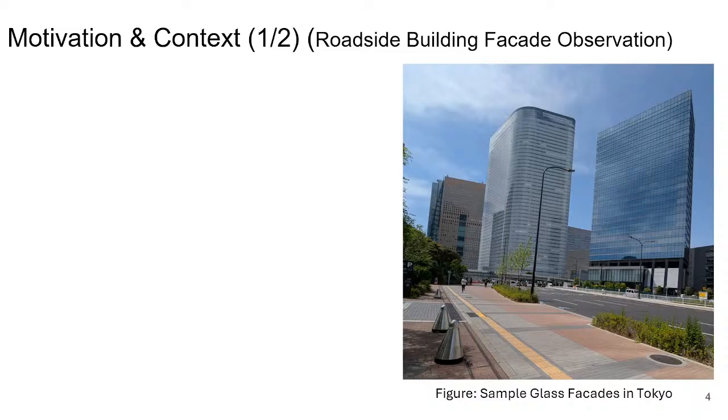There may be many other arguments for or against such facades. To consider all those aspects, we first need information on what kind of building facades are there in our city, in our country, or in the whole world, so that we can design accordingly for whatever our requirement is.